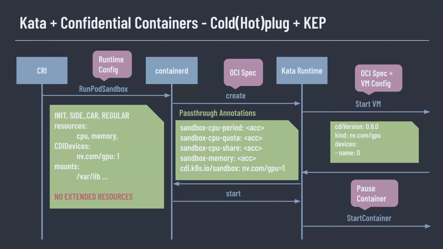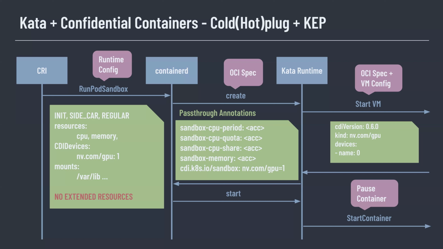We are excluding extended resources from this KEP because extended resources can be named arbitrarily, and in the Kata runtime, we don't know how to map Linux devices to specific extended resources. With CDI, we know that because we have this handle, we have the name, and we can look up in the CDI spec how a specific Linux device looks like.